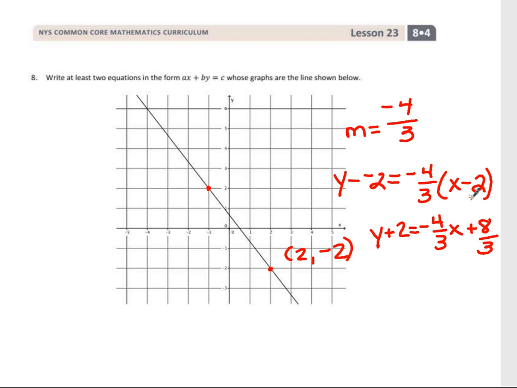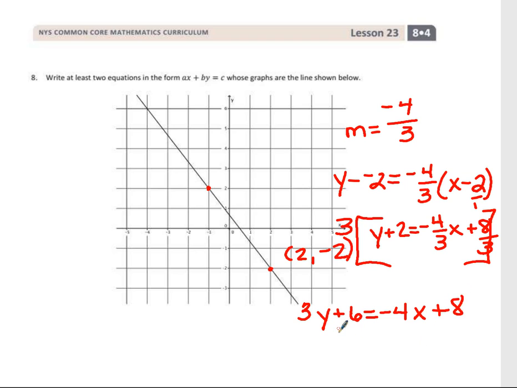I just put that over 1 to make it easier. I'm going to go ahead and multiply every single thing times 3. So I now have 3y plus 6 equals negative 4x plus 8.